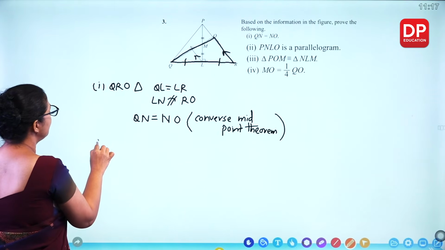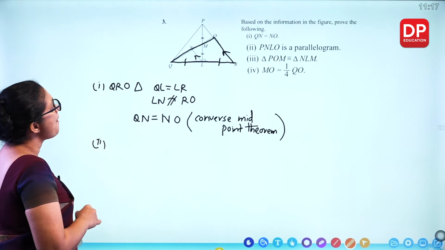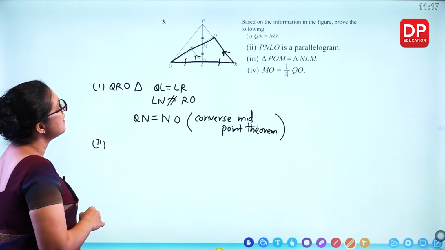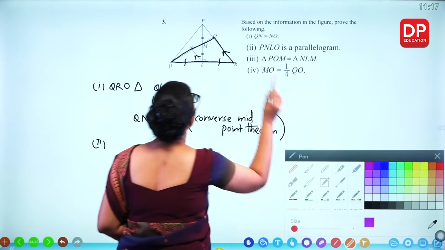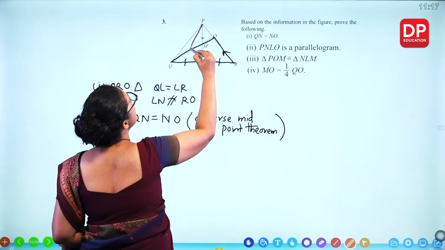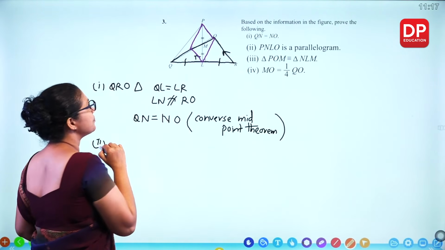Then part 2. PNLO is a parallelogram. So we'll take with a different color. PNLO is a parallelogram.